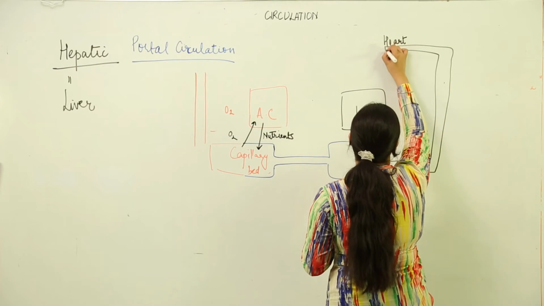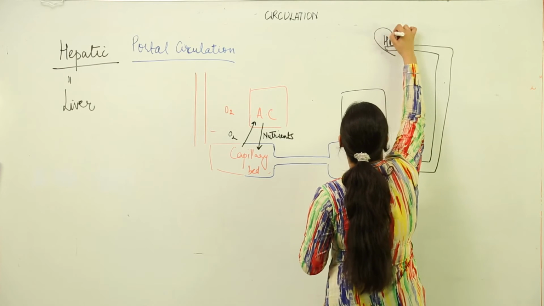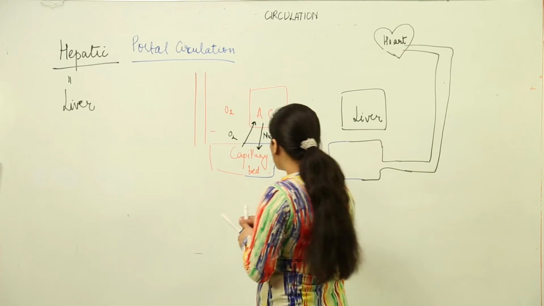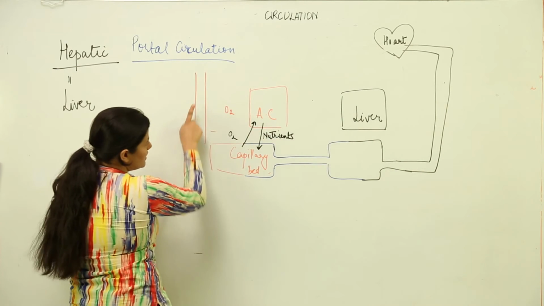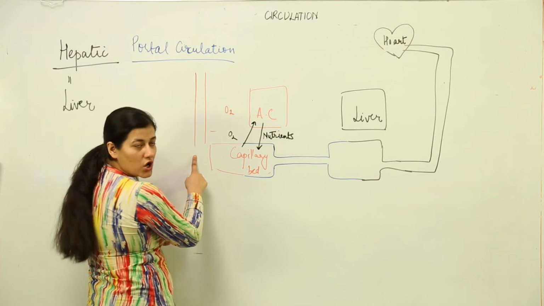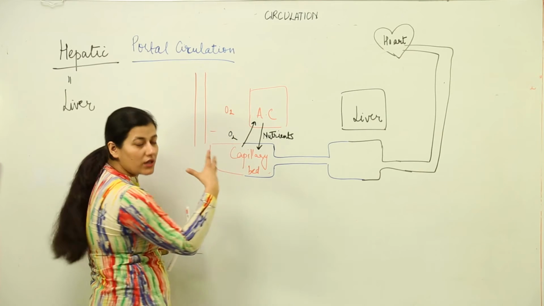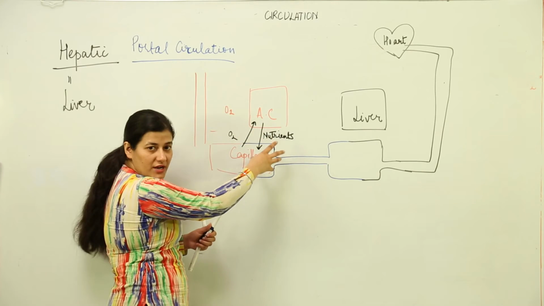And as you can see, in the meantime we have transported the nutrients which were absorbed from the alimentary canal. This is the artery which brings the oxygen to the capillary bed. The oxygen gets absorbed by the tissues of the alimentary canal.